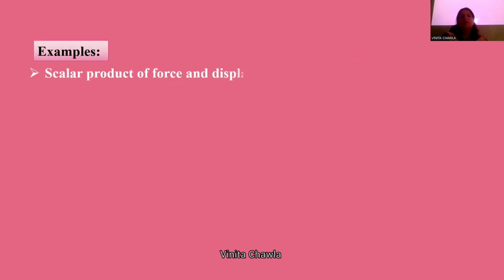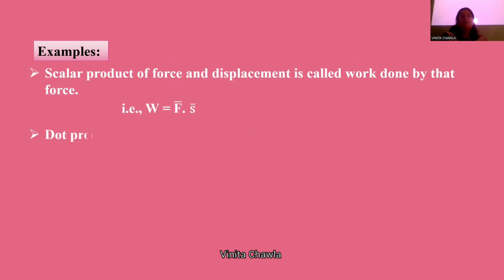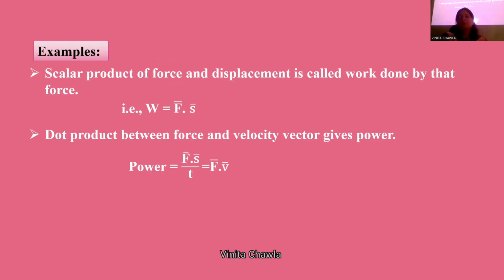For example, if we multiply force and displacement, we get work. Both force and displacement are vector quantities, but when we take their scalar product, we get a scalar quantity, which is work done. Similarly, if we take the scalar product of force and velocity, we get power. Power is a scalar quantity.